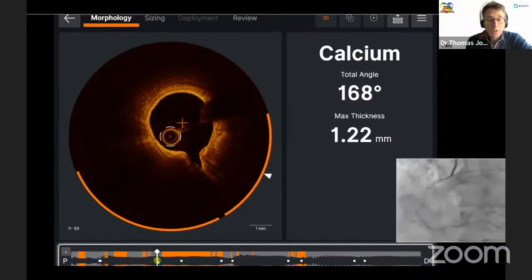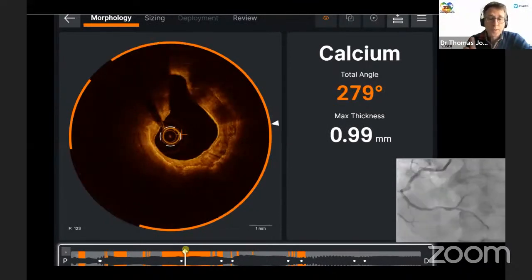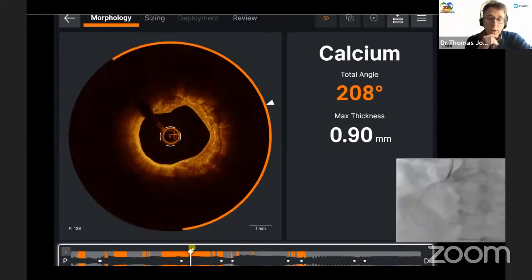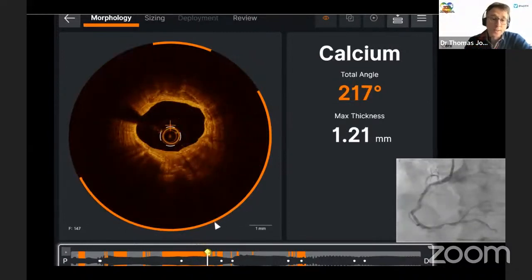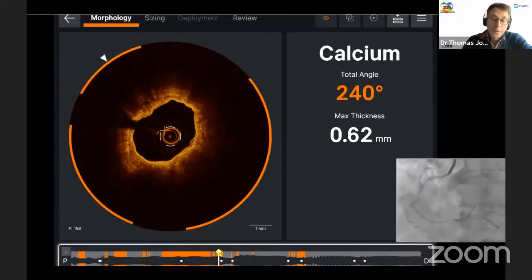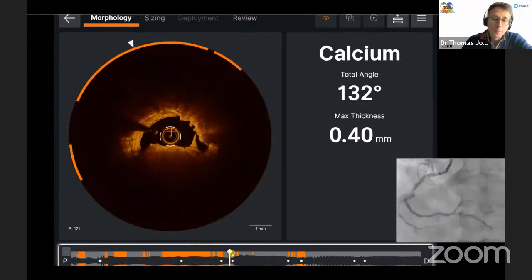And so we can see in orange here, areas of the vessel. We're working proximal to distal in the new Ultron software. We see areas of very marked calcification. On the right-hand side, you can see the arc and the thickness, which have been automatically detected by the software.